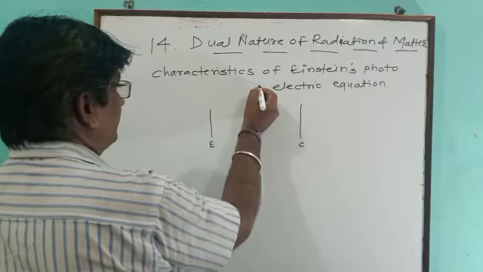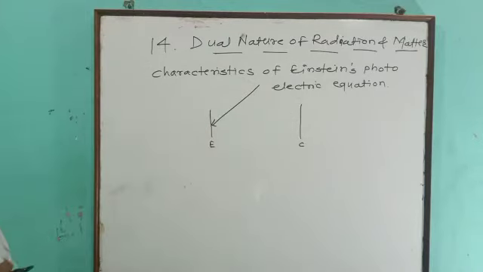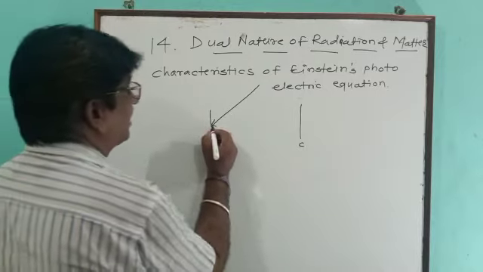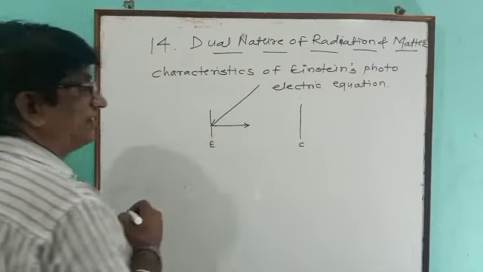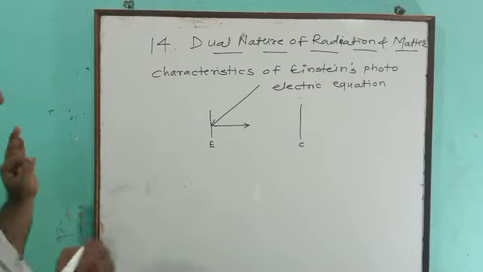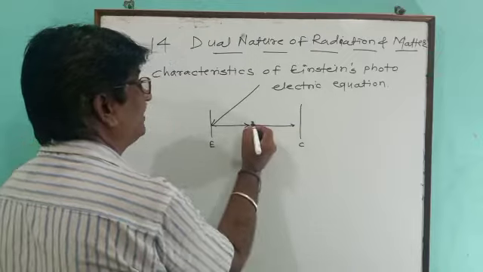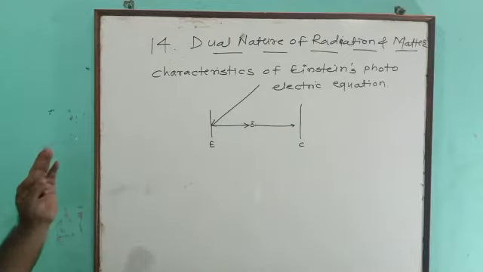When radiation of light is incident on the emitter, photoelectrons are ejected from this cathode, and they are accelerated towards the collector.